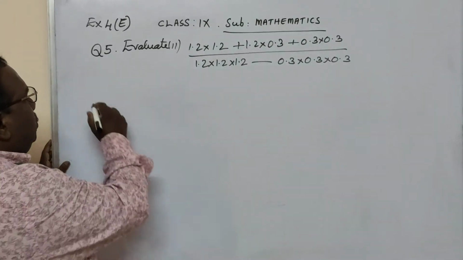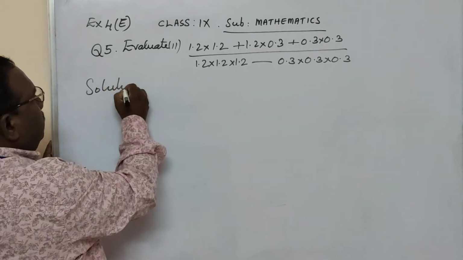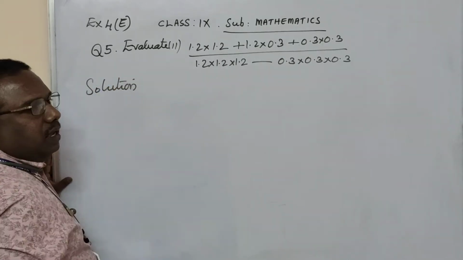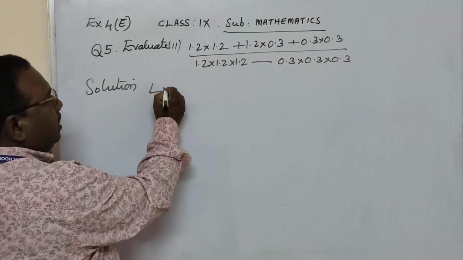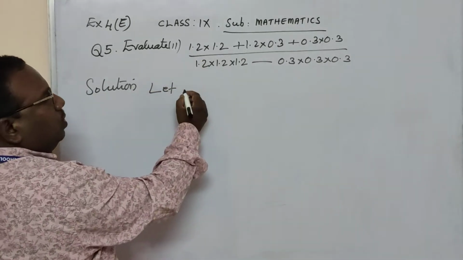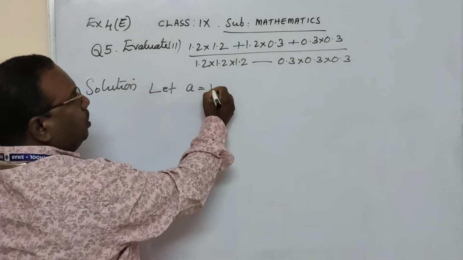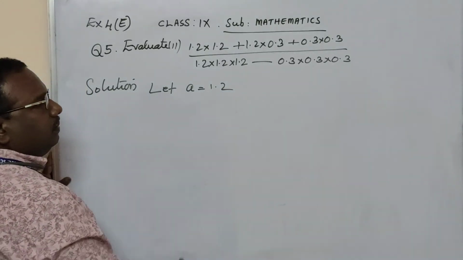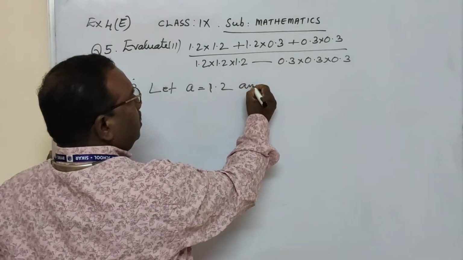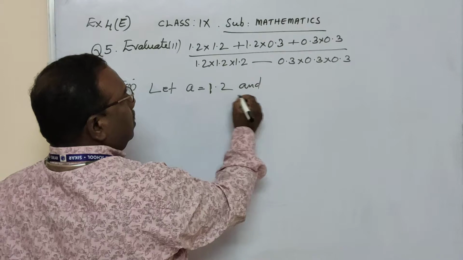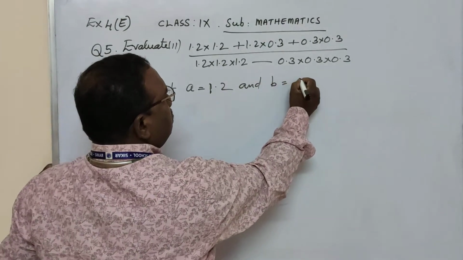Now, how can you start? As you did in the previous question, the same way. Let A is equal to 1.2 and B is equal to 0.3.